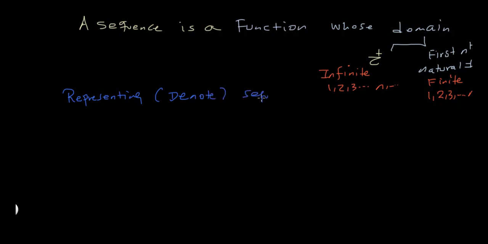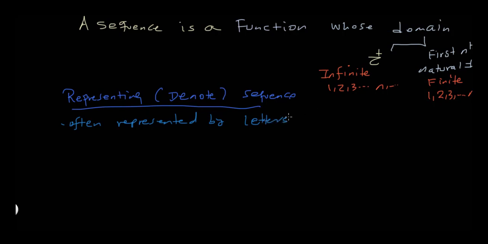A sequence is usually or often represented by letters, usually small letters with subscript, in the form of, let's use different letters, like a_n.